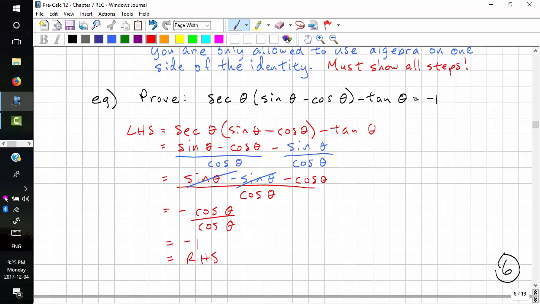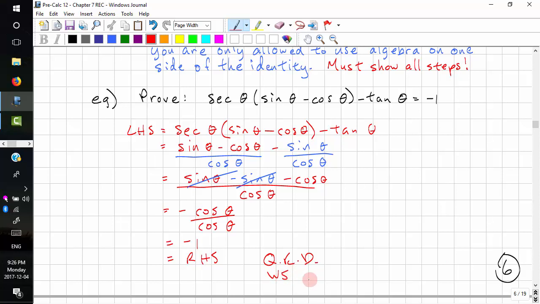And if you follow traditional mathematics, we put QED at the end of a proof. And this means quod erat demonstrandum. And that's Latin. And I'm not going to write it out for you. You can look it up yourself. Or you could say W5.